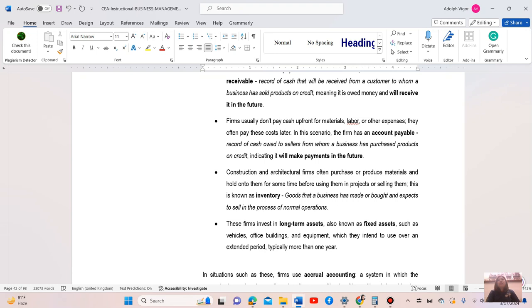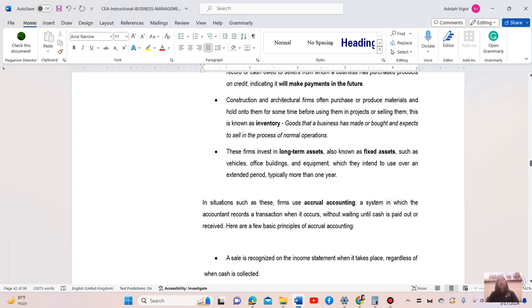Example, in a design and build practice, you sign a credit term with a supplier, and you would put that as account payable in your financial statement. So, what is account payable? It is a record of cash owed to sellers from whom a business has purchased products on credit, indicating it will make payments in the future.